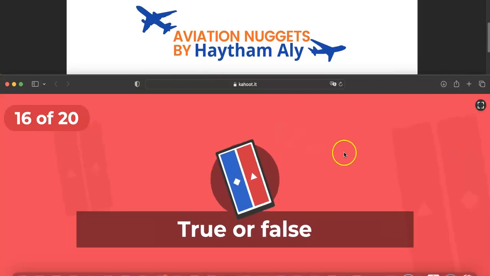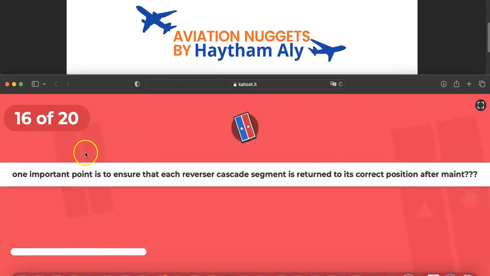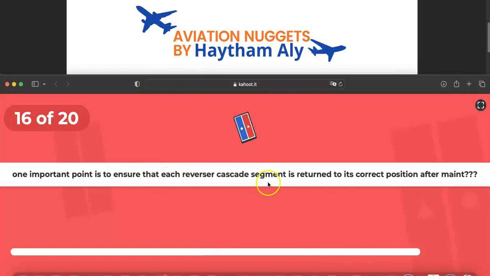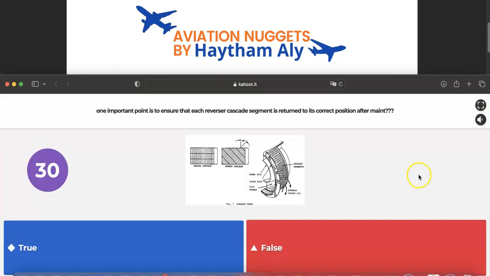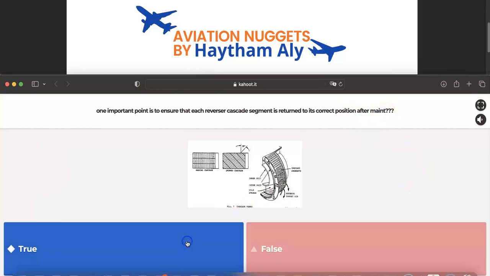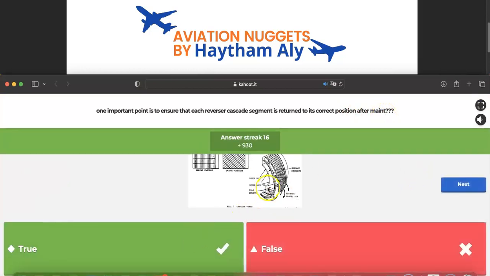Next one, question 16 of 20. One important point is to ensure that each reverser cascade segment is returned to its correct position after maintenance. Yes, this statement is very true. This is because each cascade segment has certain angles and directs the fan discharge airflow away from a critical component of the aircraft.